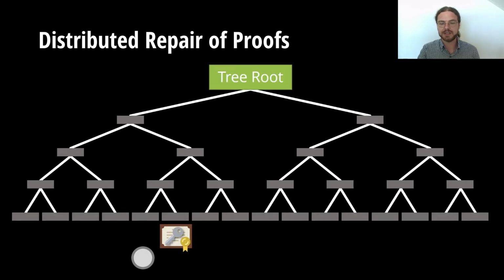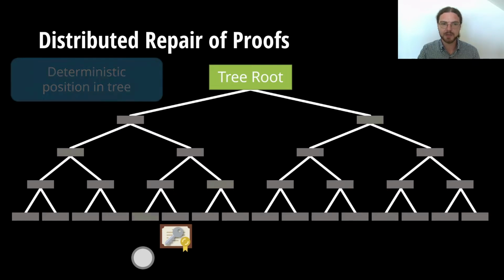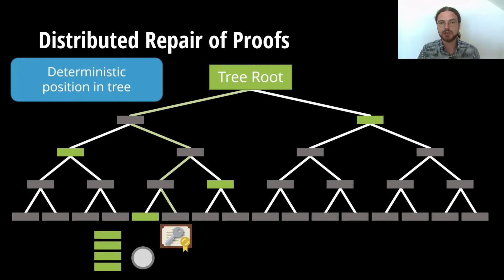So here's a simple example. So consider a node with its certificate. It has a deterministic position in the tree because the hash of the certificate defines where it is in the tree, and we know exactly which proofs of inclusion hashes it needs for its proof, and it will store this. Now, if our tree has some changes, for example, as a new issued certificate, parts of the proof of inclusion of our original node will change.